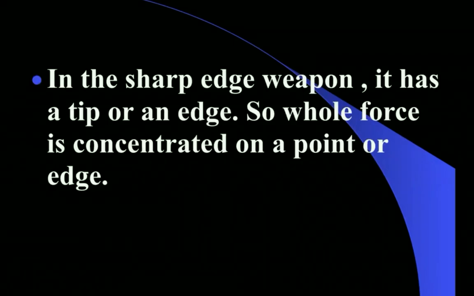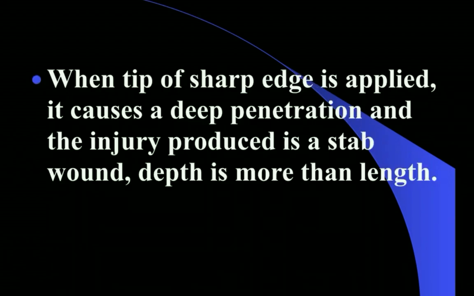Now the sharp edge weapon. The characteristics of the sharp edge weapon are that it has a tip and an edge. So when the force is concentrated on a single point, that is the tip or an edge, the tip, when it is applied, will cause a deep penetrating wound, and the injury is called a stab wound, which is longer in depth than the width.